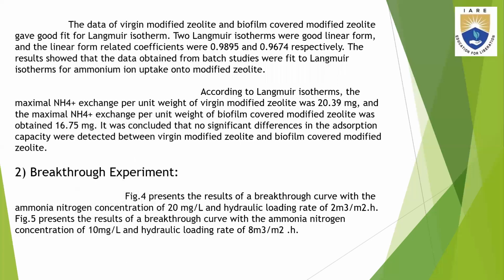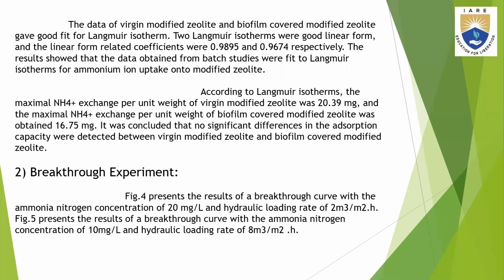The data of virgin modified zeolite and biofilm covered modified zeolite gave a good fit to the Langmuir isotherm. The two Langmuir isotherms were in good linear form, and the linear form correlation coefficients were 0.9895 and 0.9674 respectively. The results showed that the data obtained from batch studies fit the Langmuir isotherm for ammonia ion uptake onto modified zeolite.